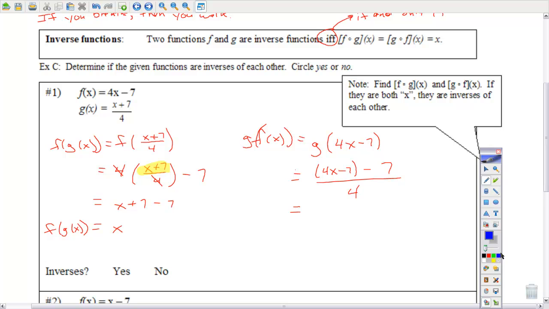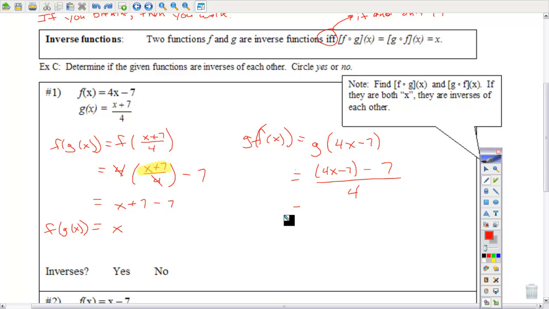Here's something you cannot do. Some people say multiplying by 4, dividing by 4, they cancel. They don't. The reason is the 4 in the numerator is not being multiplied by the entire numerator. If this 4 was out here and this was like this, then you could cancel those 4's because the 4 is being multiplied by everything. If it's not being multiplied by everything, you cannot cancel it.